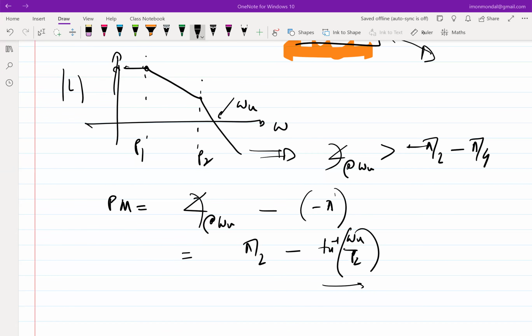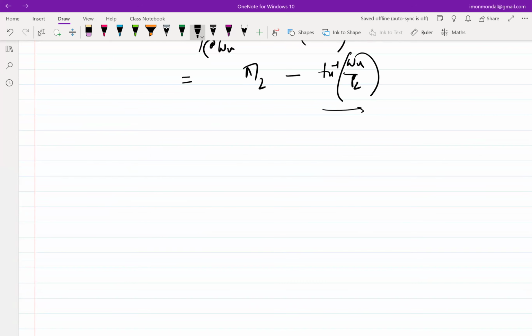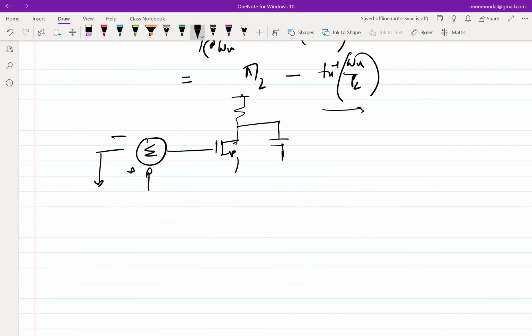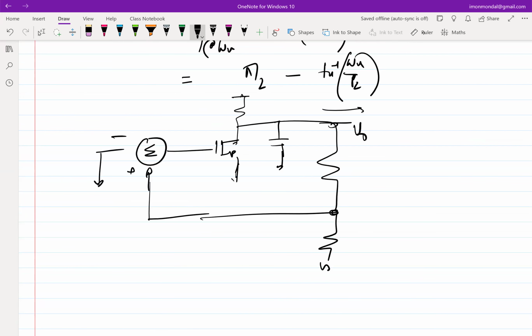The reason we don't know them is because if we go back to our negative feedback system and we have this guy here, then it is not very intuitive to figure out which is G, which is H. And let's say I have another capacitance here and I have another capacitance here, then it becomes difficult to find out what is G, what is H.